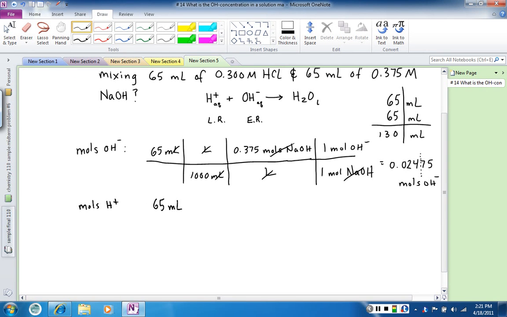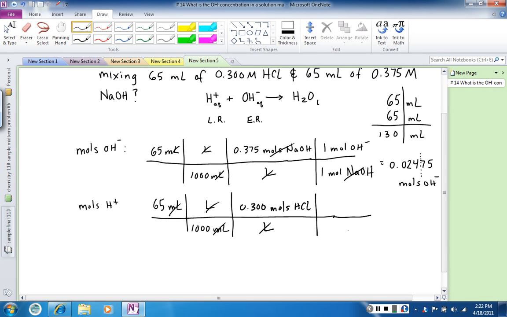65 milliliters again. Now we have a different concentration, but we're going to, of course, get it out of milliliters into liters. Our concentration now is 0.300. Remember, express molarity as moles per liter. So moles of HCl per liter.